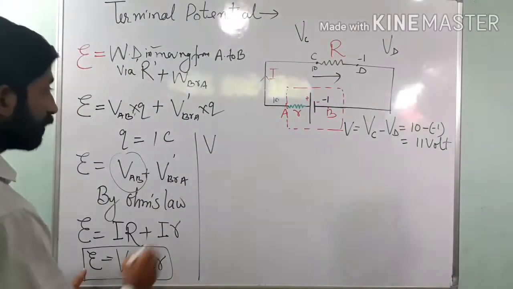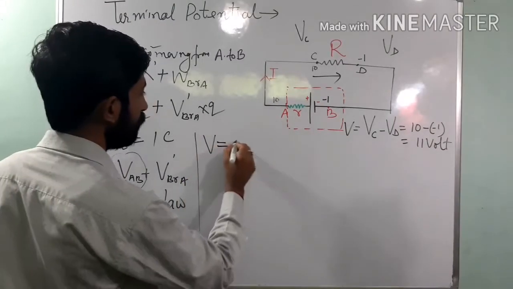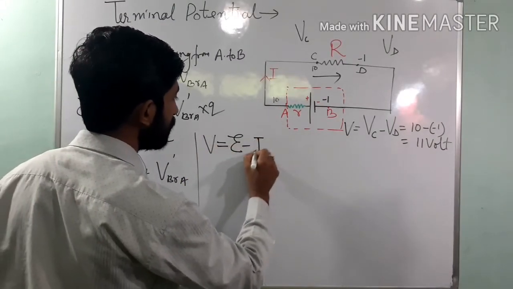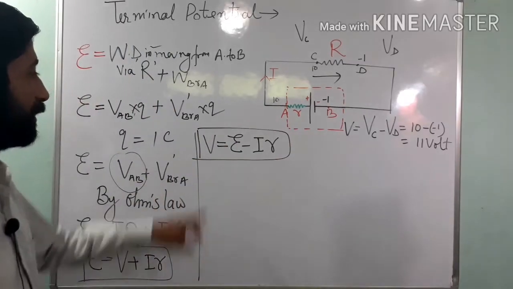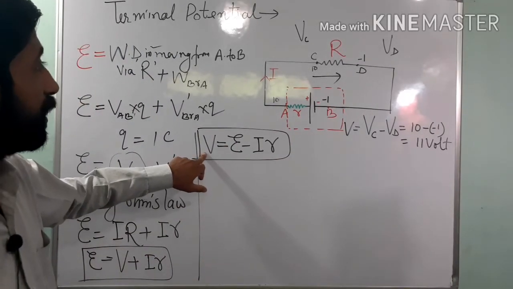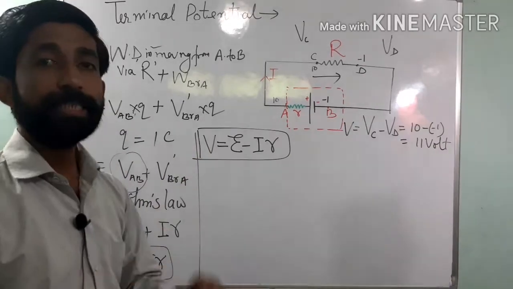Okay, so V is equal to EMF minus I into r, that is known as what? Terminal potential of the cell.